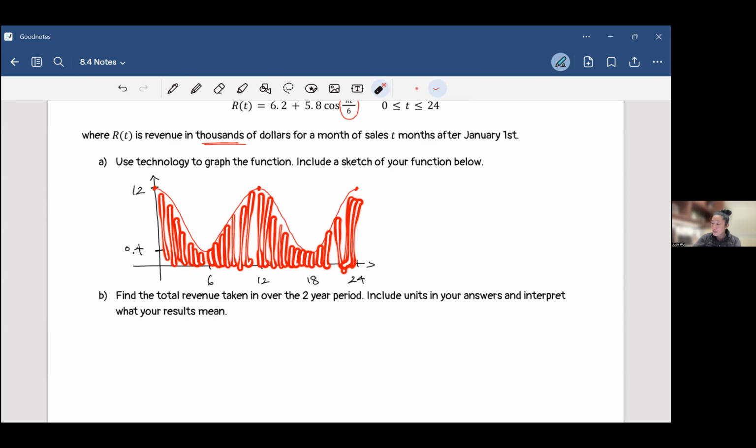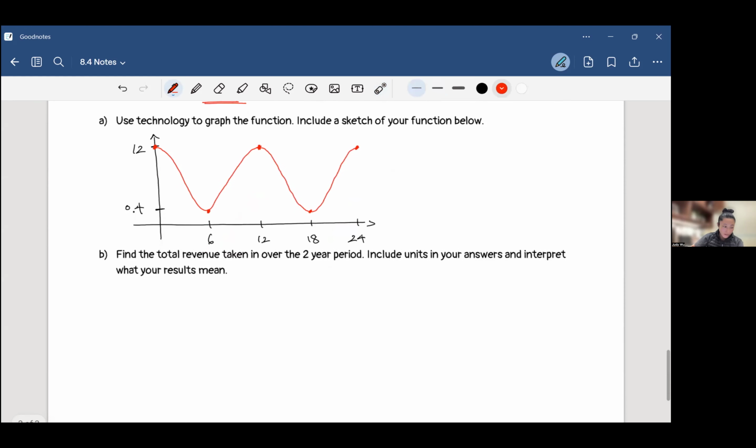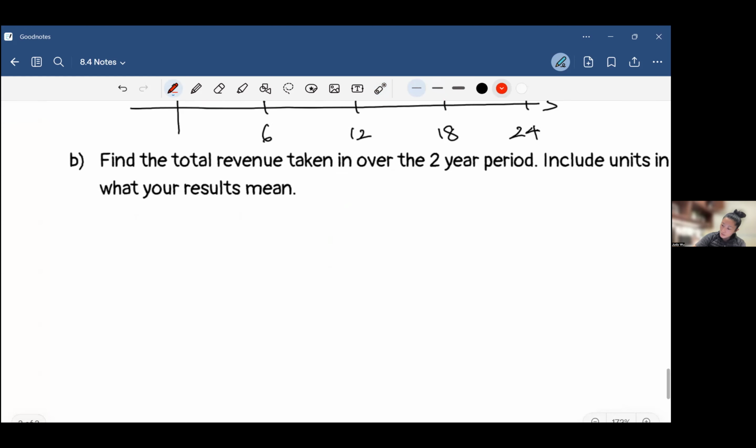Because 24 months is the same as 2 years. So what does that look like? That looks like the integral from 0 to 24 of my function, 6.2 plus 5.8 cosine of pi t over 6 dt.